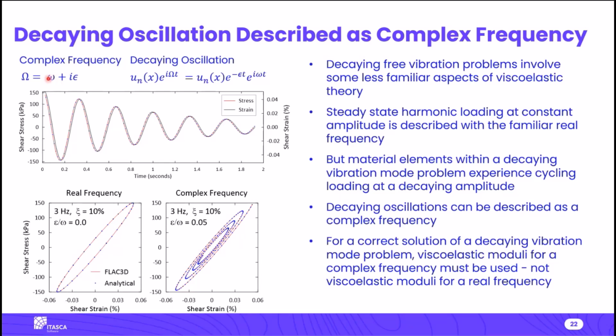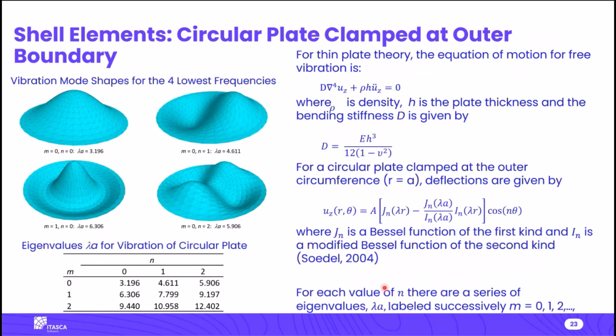So you have your real frequency plus a complex term, and that complex term is accounting for the decay of the amplitude. So anyway, for a correct solution of a decaying vibration mode problem, you need to use viscoelastic modulus computed from a complex frequency, not from the real frequency.